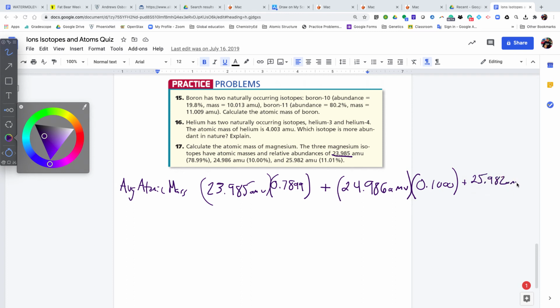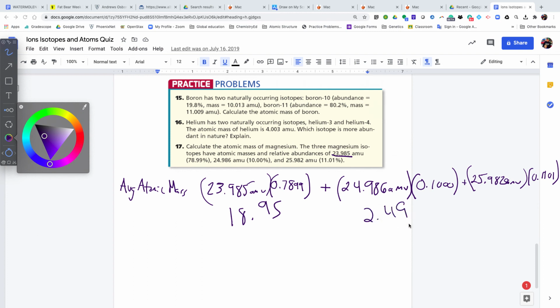25.982 times 0.1101. If I put that in my calculator, 23.985 times 0.7899 is 18.95. 24.986 times 0.1 is 2.49.